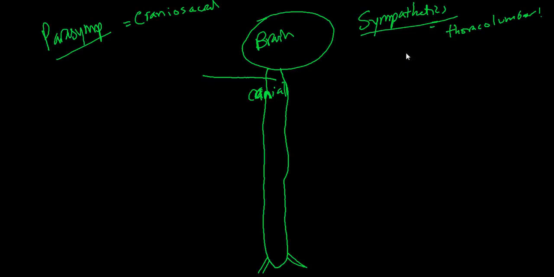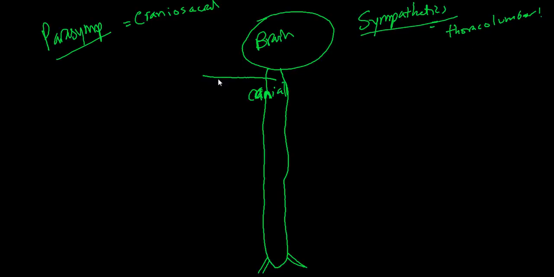If you already knew that, great. However, this is what it means. Our parasympathetic nerves will be coming from our cranial, so near the head, and the sacral, so near the sacrum region, while our sympathetics will have a sympathetic chain associated with it, and I'll cover that. But they'll come out near our thoracolumbar region, so our thoracic lumbar region.